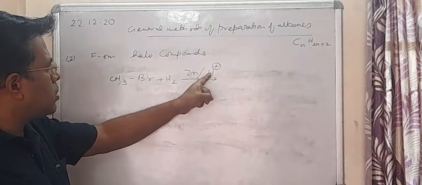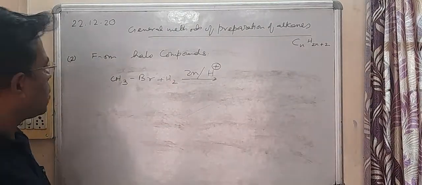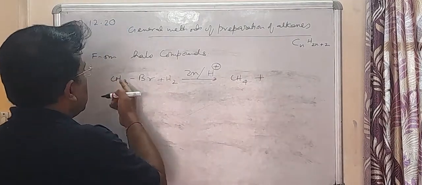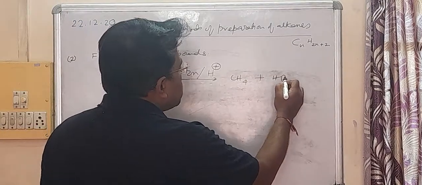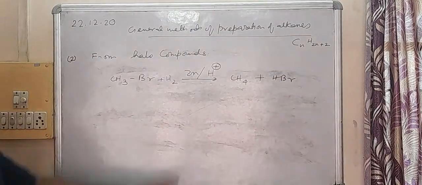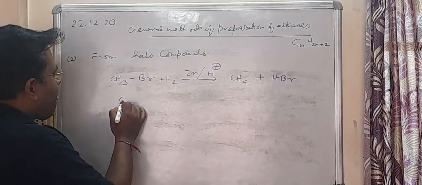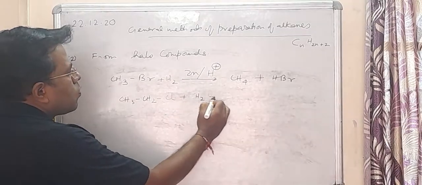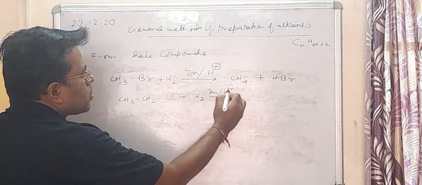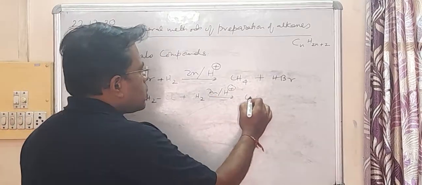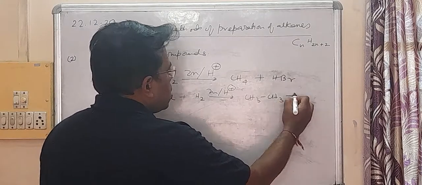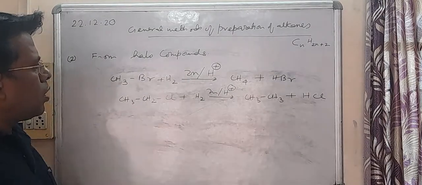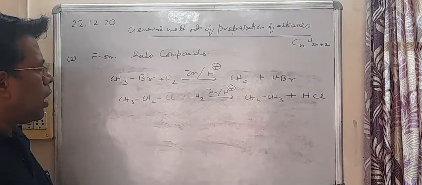So zinc and acid giving hydrogen gas, that will react, and the product will be CH4 plus one H will come here, and another H will go with this H here. So this is alkane. Suppose CH3CH2Cl plus H2, zinc, H plus. So we will get here CH3CH3 plus HCl. So this is how we can get alkane.